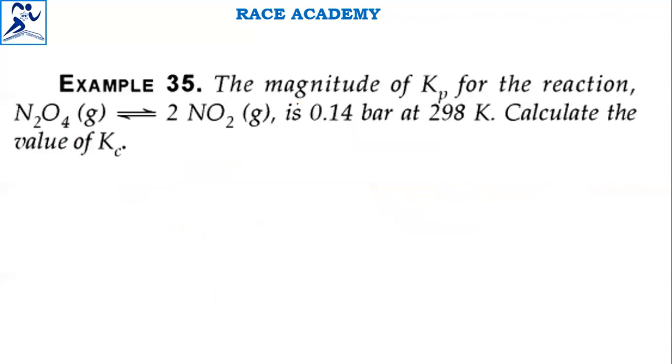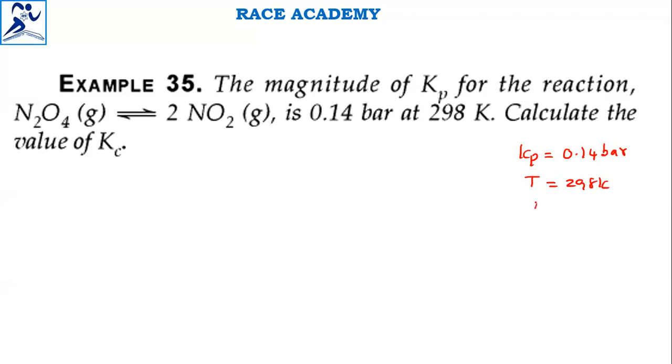The magnitude of Kp for the reaction N2O4 gives rise to 2NO2 is 0.14 bar at 298 Kelvin. So very clearly they have given the Kp value, 0.14 bar, and the temperature, 298 Kelvin, and moreover they have given the equation.